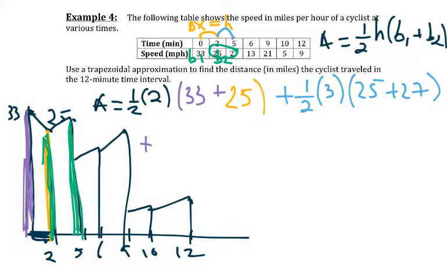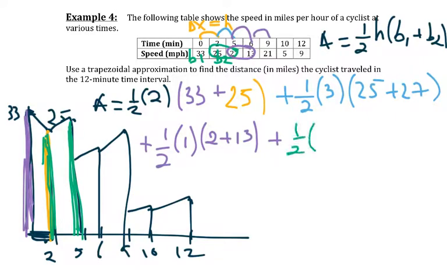Okay, so the change from 5 to 6 would be 1, and the two y values from that one would be 2 plus 13. Then we do the next trapezoid, which is 1/2. The change from 6 to 9 is 3, and then we use the two y values as the bases, so 13 plus 21.